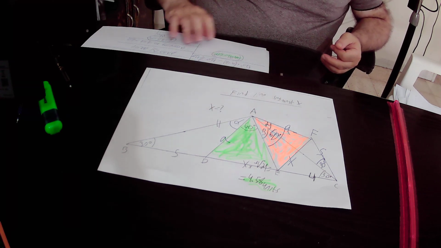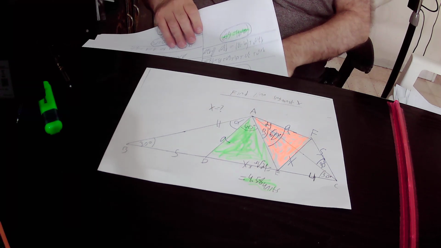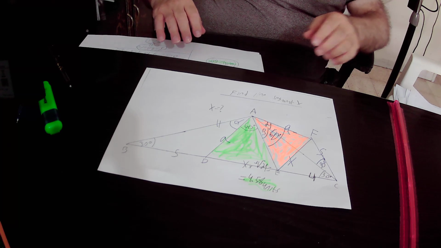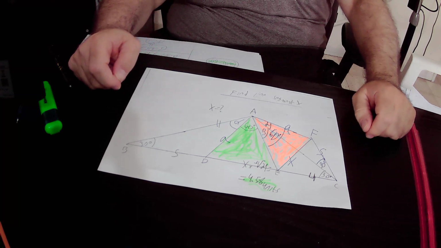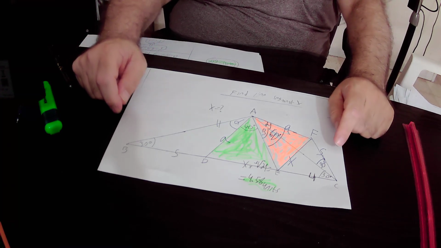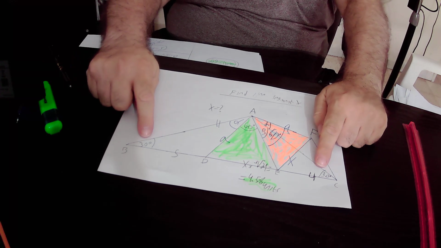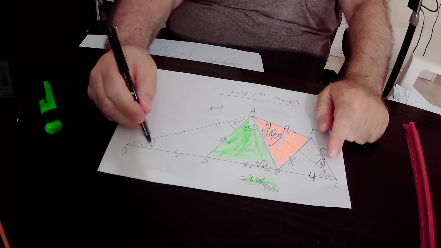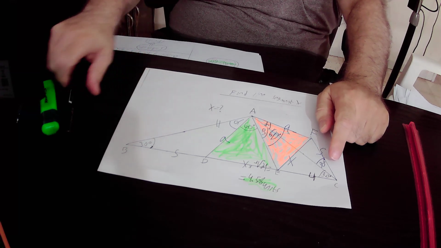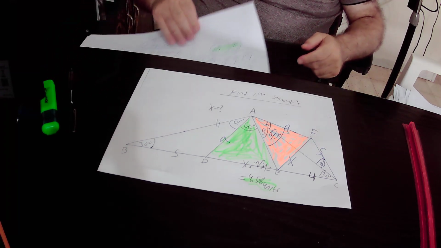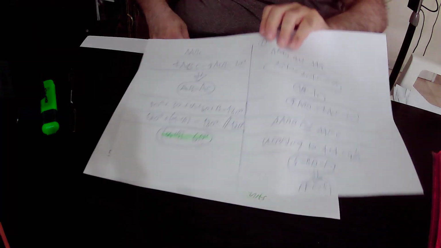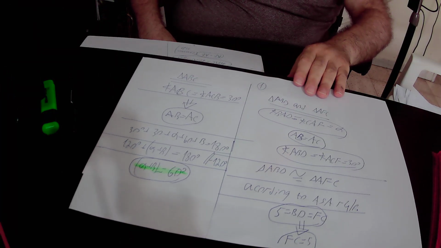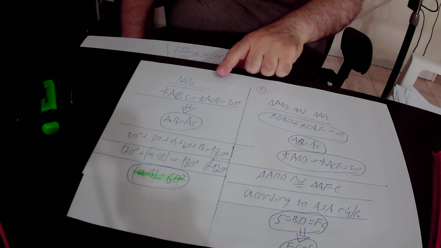So first of all we focused on triangle ABC. In triangle ABC, those two angles are equal to each other. They are both equal to 30 degrees.